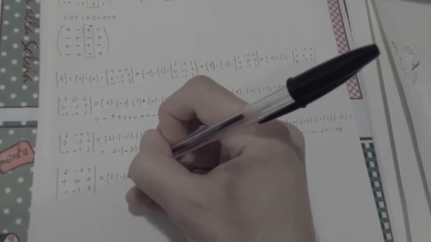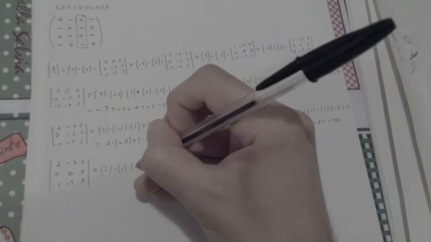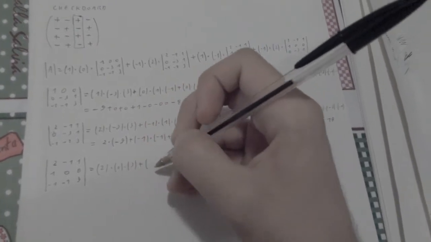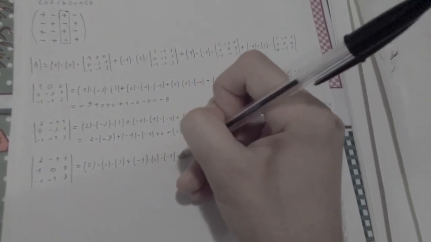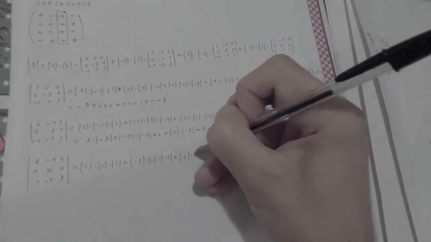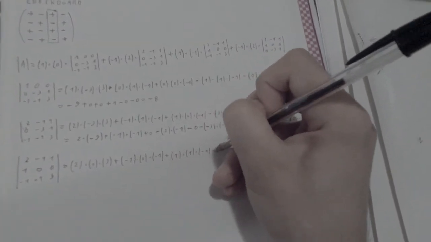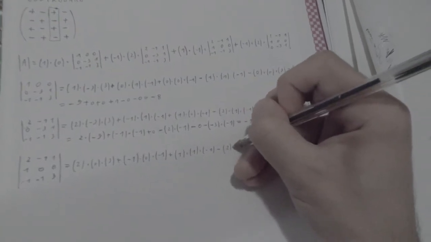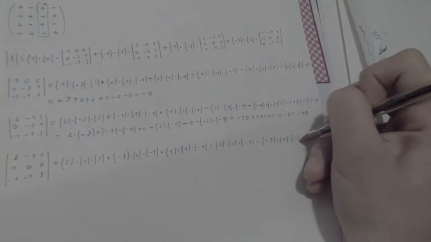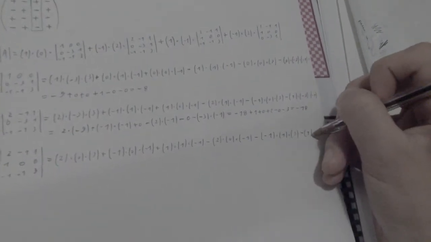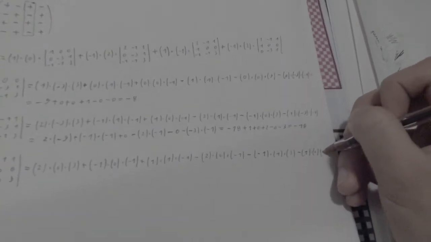Let's go: 2 times 0 times 3 plus -1 times 0 times -1 plus 1 times 1 times -1 minus 2 times 0 times -1 minus -1 times 1 times 3 minus 1 times 0 times -1, yeah, I did it.